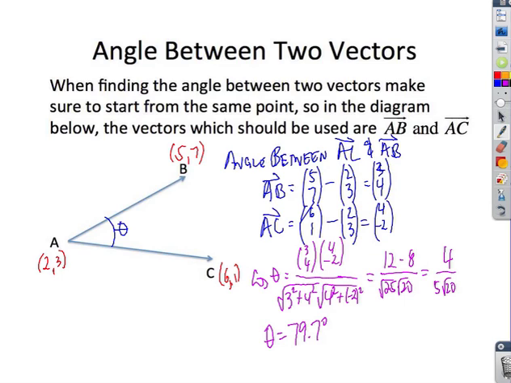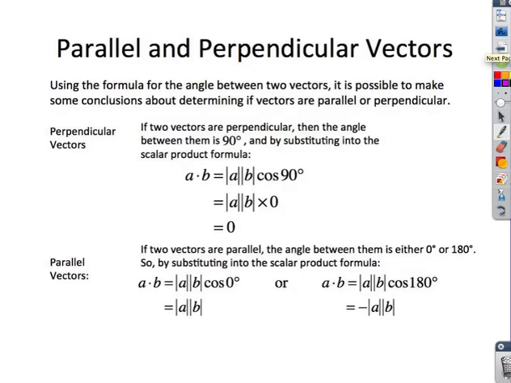On the next page, parallel and perpendicular vector properties. For perpendicular vectors, using the formulas from the previous page, and using our knowledge of what perpendicular means, A dot B is equal to absolute value A times absolute value B times the cos of 90.